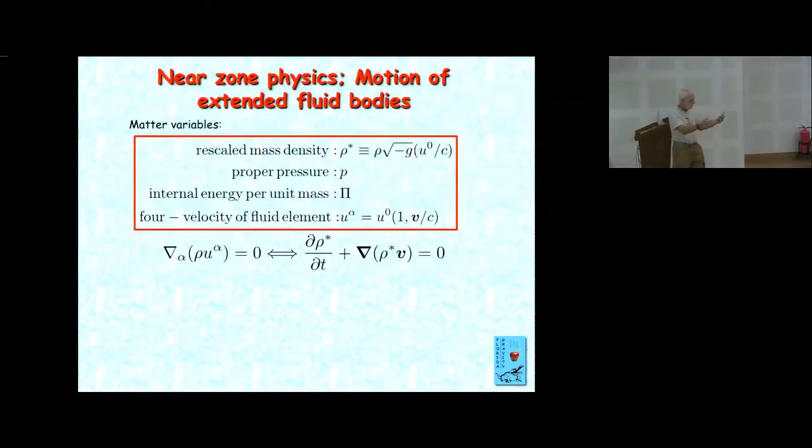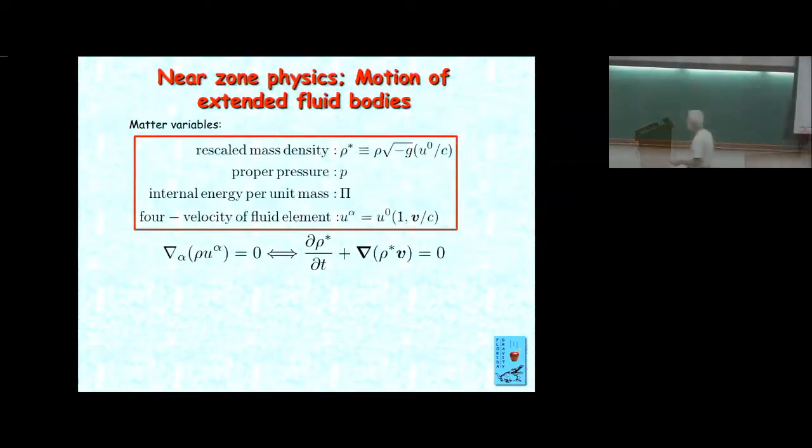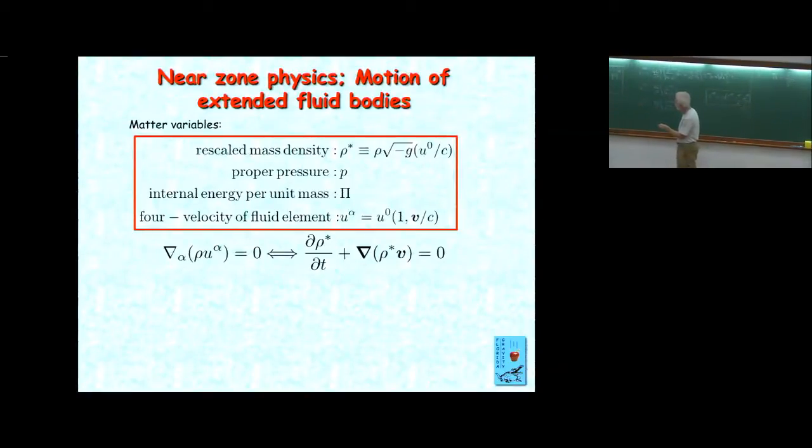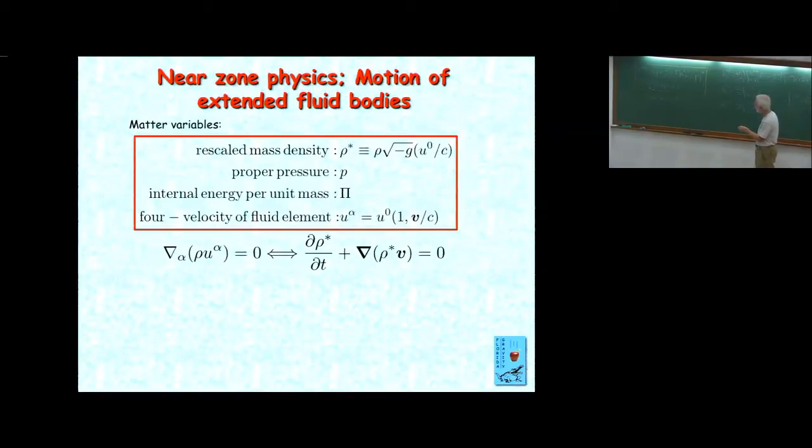Our fluid element, of course, has the same 4 velocity as our local inertial frame because we're co-moving. And then in the coordinate system, you can define what that is. So it's a 4 velocity, and you can factor out the U0, and then you just have 1 and v over c. I've also written it over here in a slightly different form. The 4 velocity is the rate of change of x, the 4 coordinate, with respect to proper time.